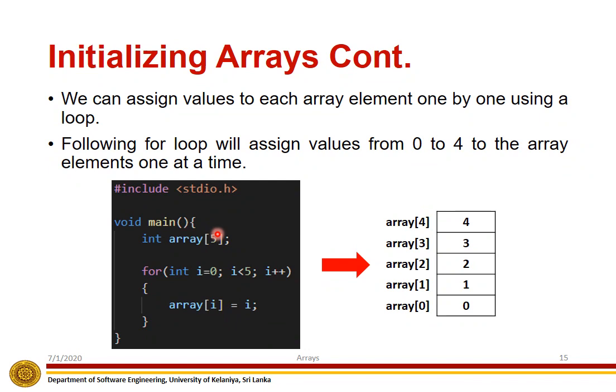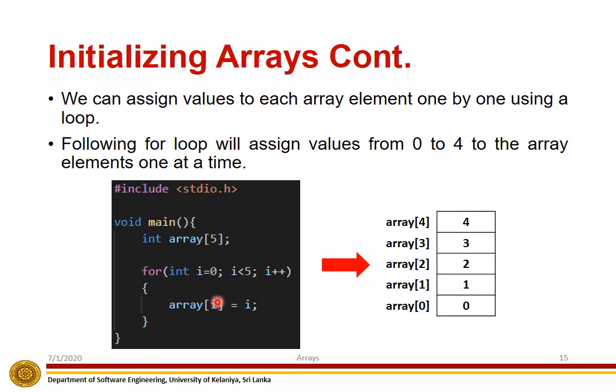We will trace this code and understand. At first i is equal to 0, i is less than 5, so 0 is less than 5. Then array 0 equals 0. So in the array 0th position it will store the 0 value. Then 0 plus plus, then 1. 1 is less than 5.